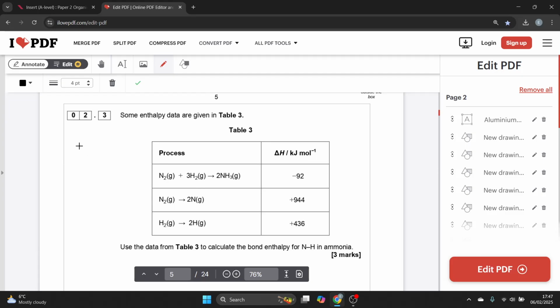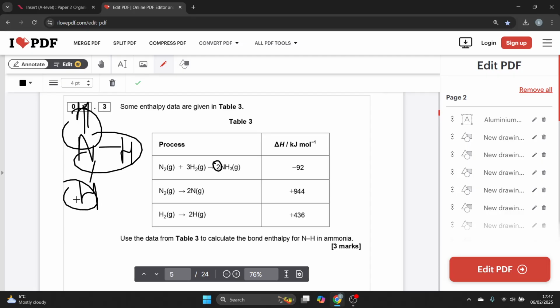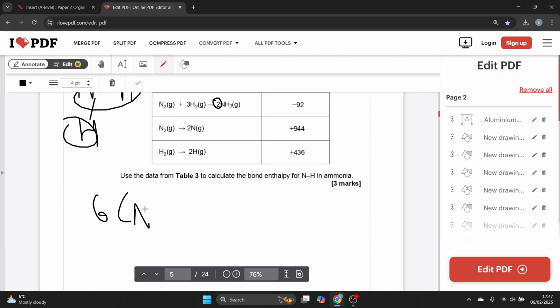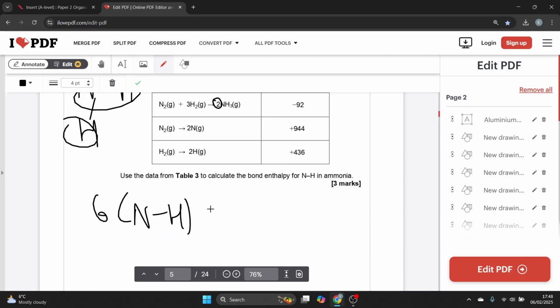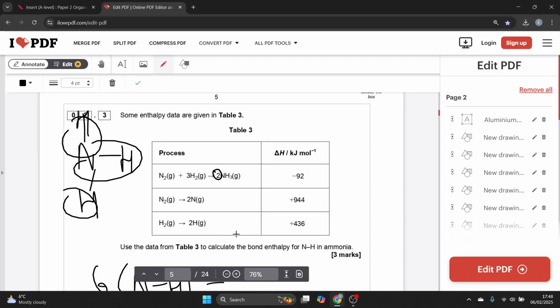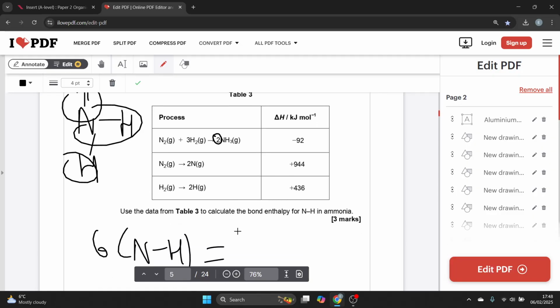So first thing I would do is actually draw out ammonia, and you realize you've got 3 NH bonds, but then you've got this 2 here, so that becomes 6 NH bonds. So I'm going to say 6 bracket NH, that's what I'm trying to find, equals energy required to break bonds minus energy released when new bonds are formed.